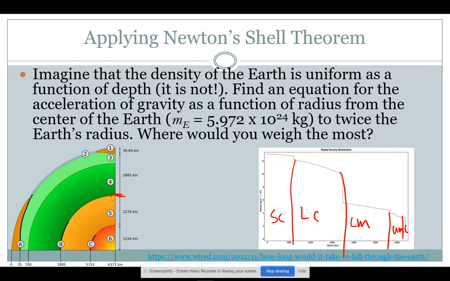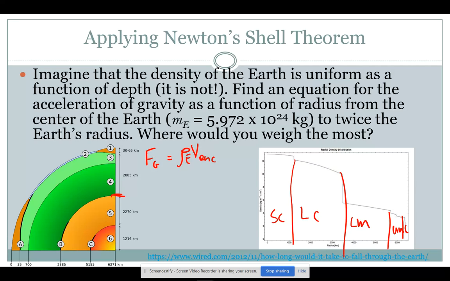So to calculate the force of gravity acting on you, the force of gravity on you is going to be equal to the density, that's the mass per unit volume, times the volume that is enclosed. So that's going to be the density of the Earth, density sub E, and then instead of V_E, I'll put V_ENC for enclosed, just to make sure we're clear.